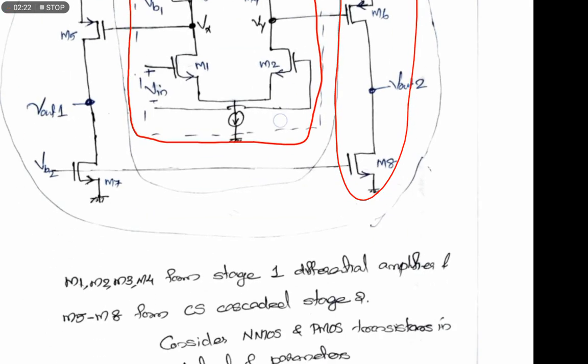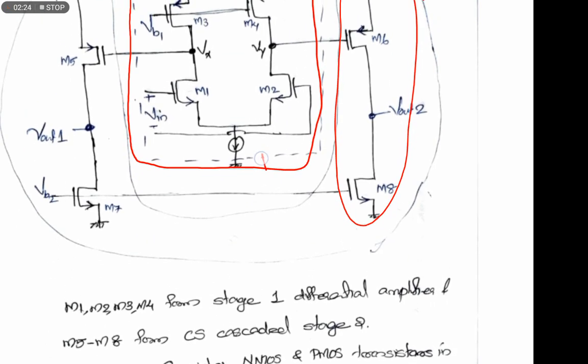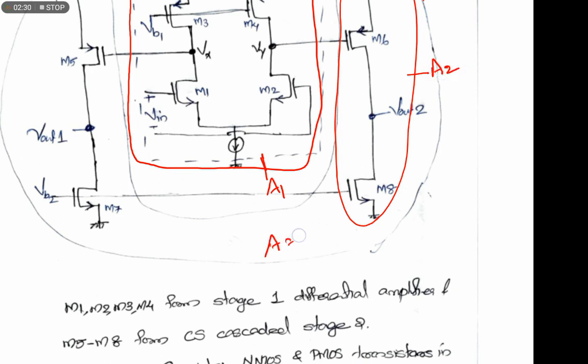If A1 is the gain of the first stage and A2 is the gain of the common source configuration, then the total gain A equals A1 times A2.